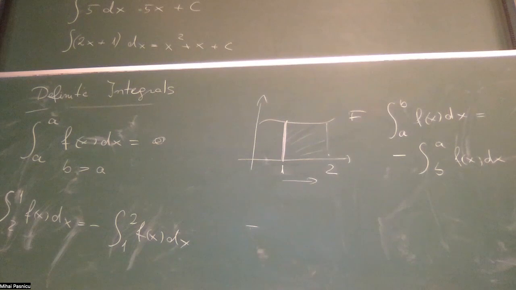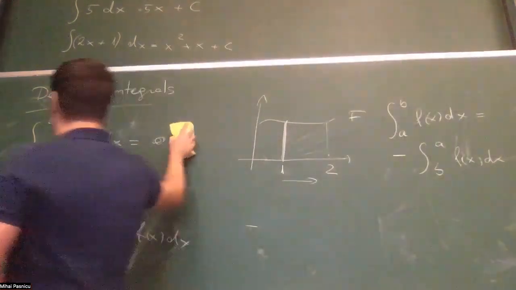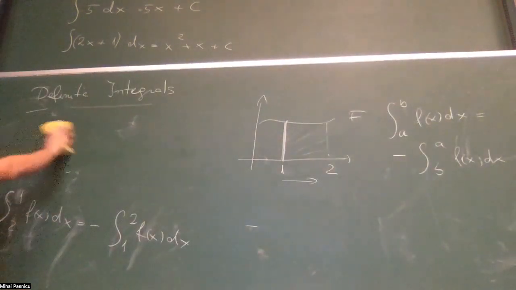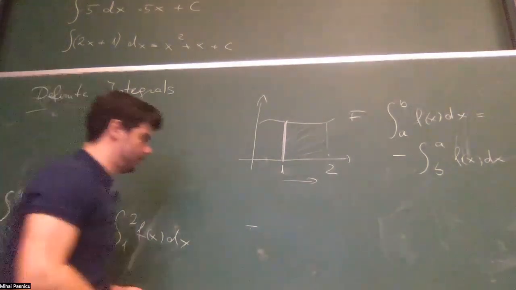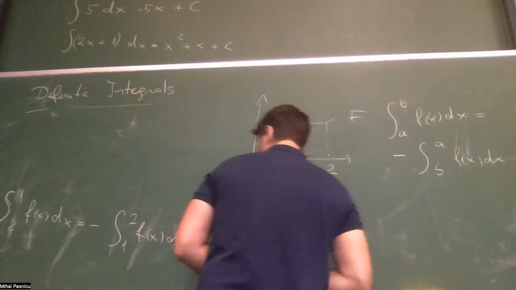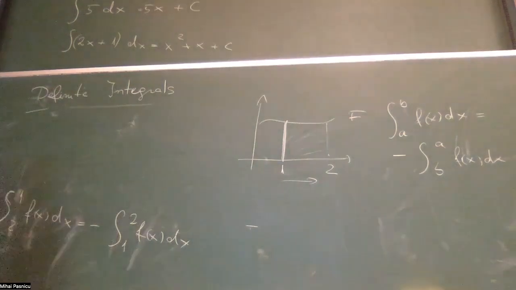Now, one other cool thing that you can do with these definite integrals is split them in another way. In the indefinite case, I showed you that we can split them according to formulas. If you have multiple things inside, x squared, x to the third, etc., you can split them and compute them as different integrals. In this case, I can split them in a more interesting way.